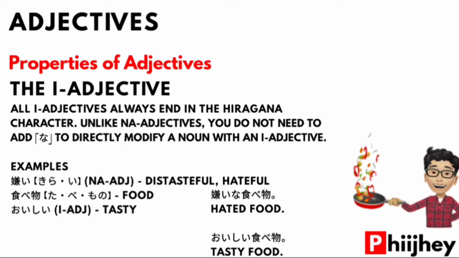The word tabemono, that is food. And the i-adjective which is tasty, or in Japanese, it is oishii. Kirai na tabemono, that means I hate that food. And that is with the na-adjective. Now with the i-adjective, you can just say oishii tabemono. No need to put na.